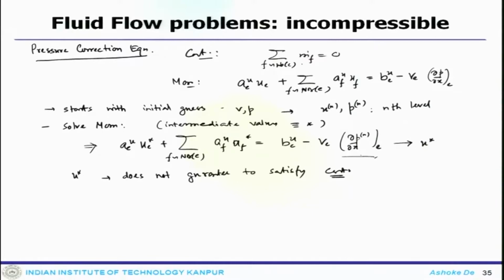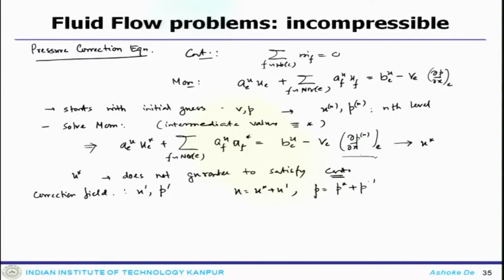So, what is the deal here? There will be some correction field, u prime and p prime, which is added to the computed field, assuming that it will satisfy the continuity equation. Then u becomes u star plus u prime, and p becomes p star plus p prime.